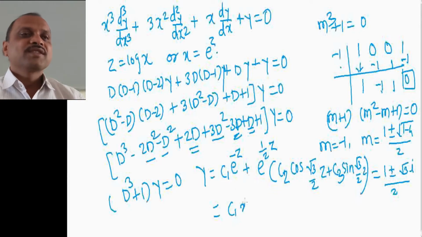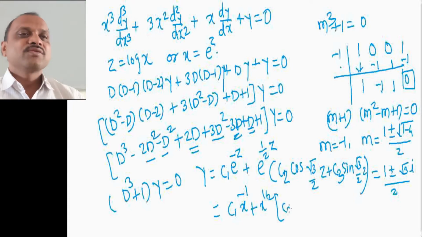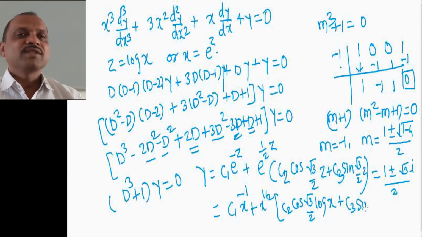In terms of x, it is c1 into x raised to minus 1 plus x raised to 1 by 2 into (c2 cos of under root 3 divided by 2 into log of x plus c3 sin of under root of 3 divided by 2 into log of x).